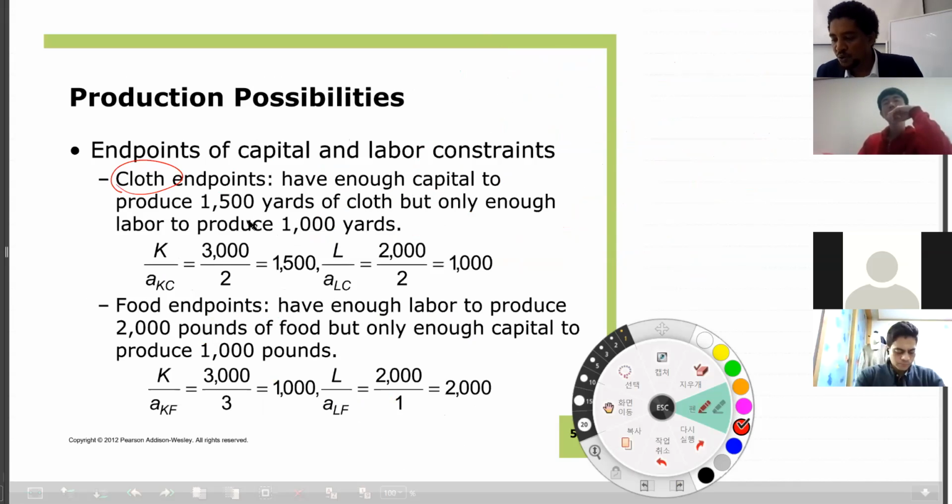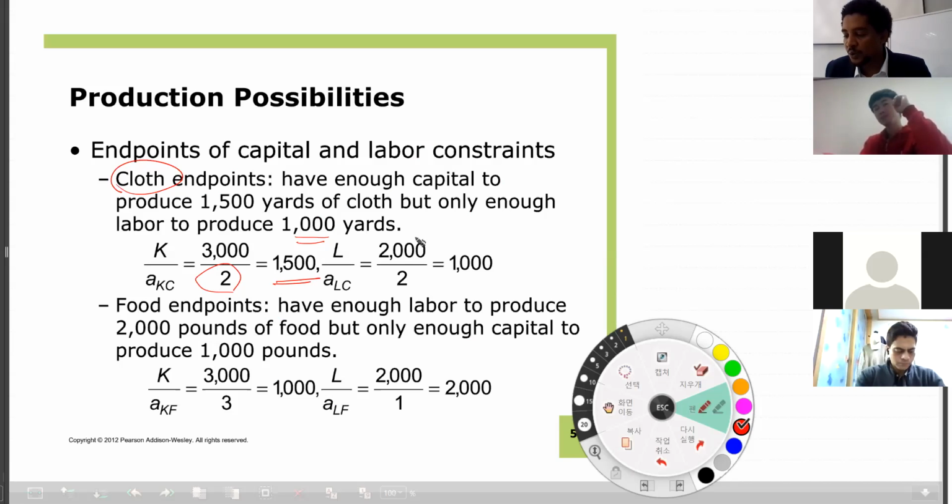We have enough capital to produce 1,500 yards of clothes, but only enough labor to produce 1,000 yards. Because the total capital we have is 3,000. 3,000 divided by the capital required to produce clothes, which is 2, gives us 1,500.